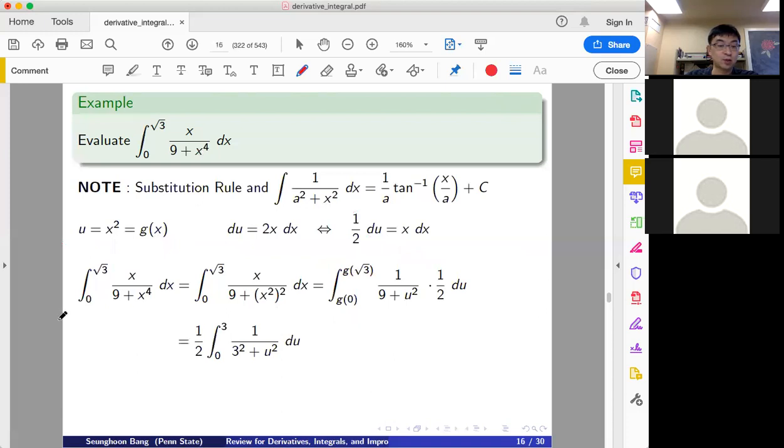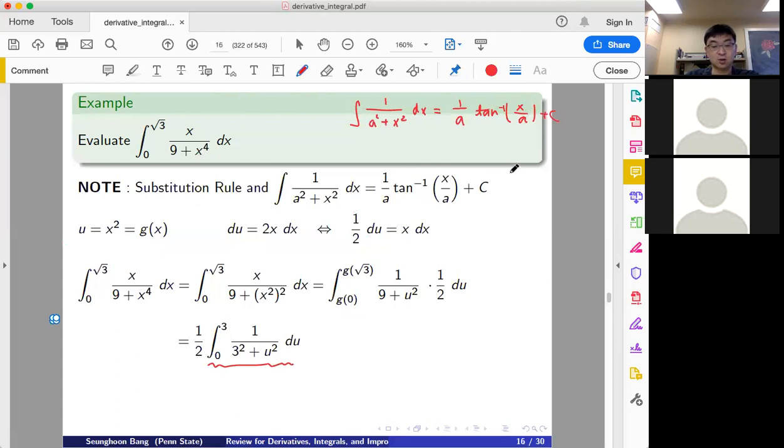So do you remember the formula? What's the integral of 1 over 3 squared plus u squared du? Do you know this one? Integral 1 over a squared plus x squared dx. We can use the integration formula: 1 over a inverse tangent of x over a plus c.